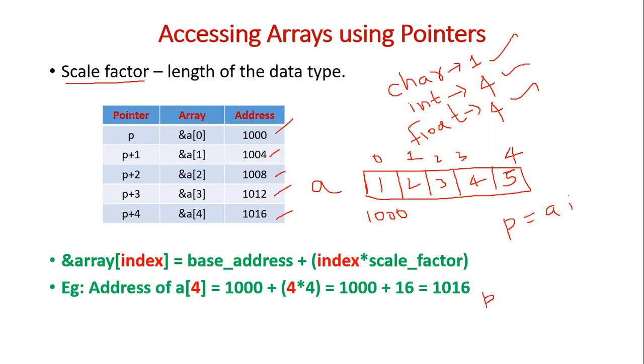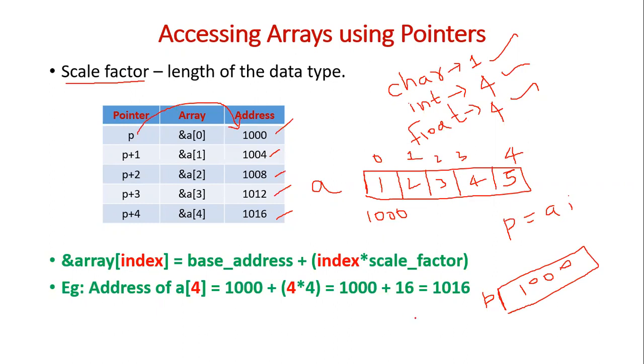That is, the pointer p contains the starting address of the array. What is the starting address? 1000. So p refers to 1000.